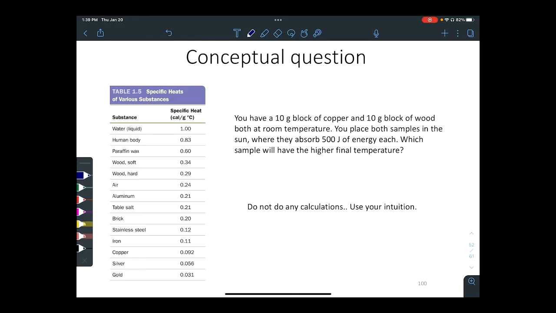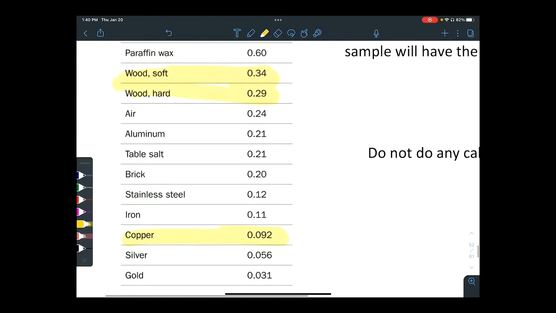So based upon that, which substance has the higher final temperature, the wood or the metal? The metal, or copper in this case. If you did do a calculation here, you see that wood has a higher specific heat. Here, it's hardwood, softwood, whatever. Copper has a lower specific heat.